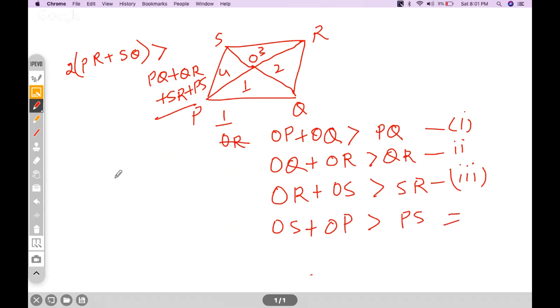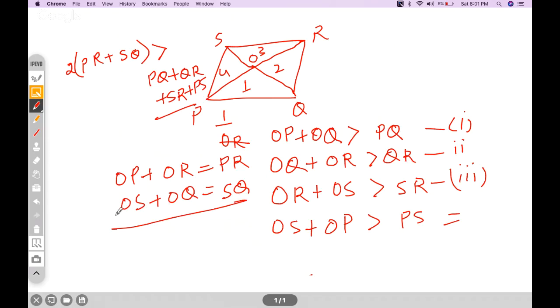Now you should understand that OP plus OR is equal to PR and OS plus OQ is equal to SQ. If you add, OP and OR will give you PR, but they come 2 times, so it will give you 2 PR on this side.